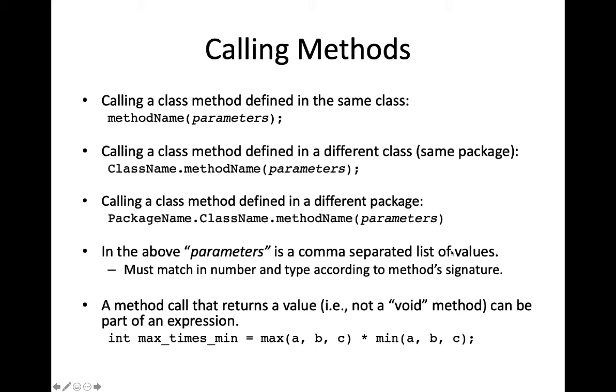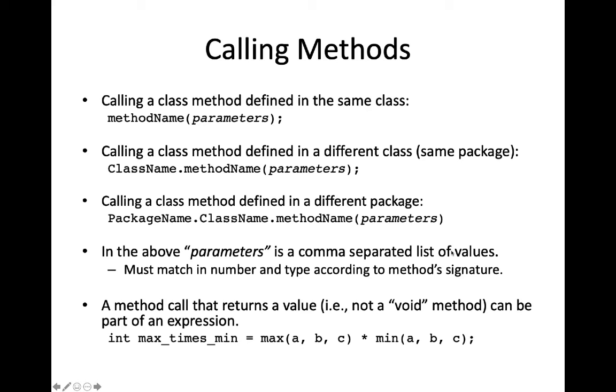We've seen that already. If you want to call a method in another class that is in the same package, you can still do that, but you need to have a more qualified name. Because it's not defined in the class that you're in, it's defined in some other class, the name of the method has to be preceded by the name of the class separated with a dot.